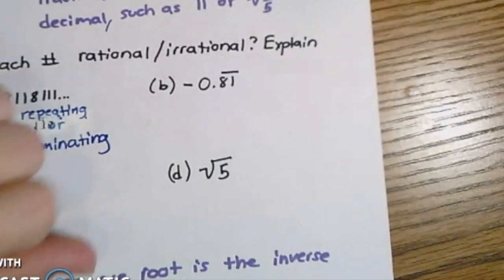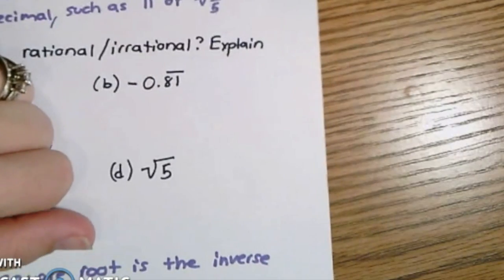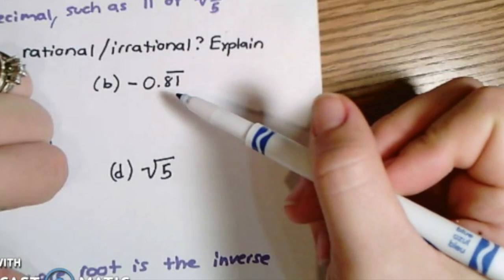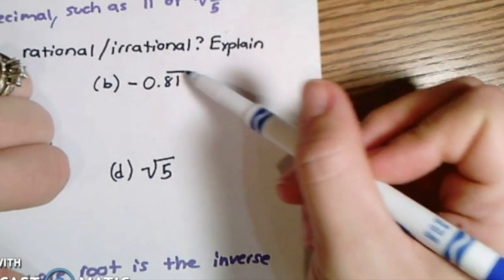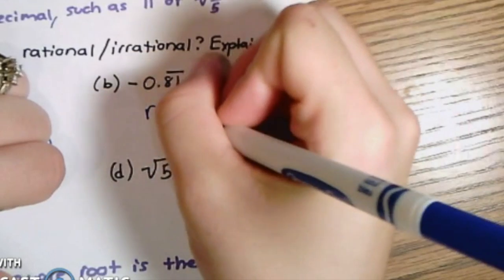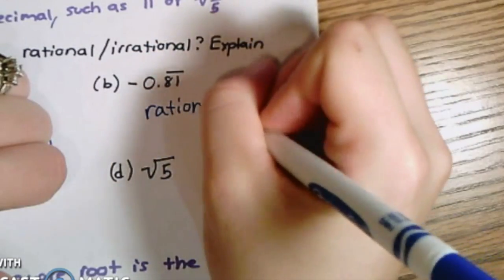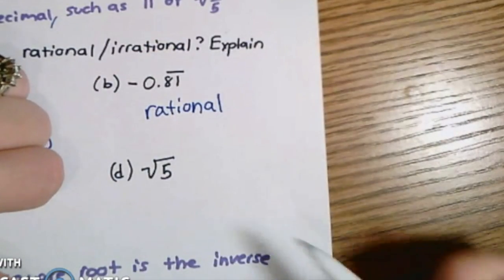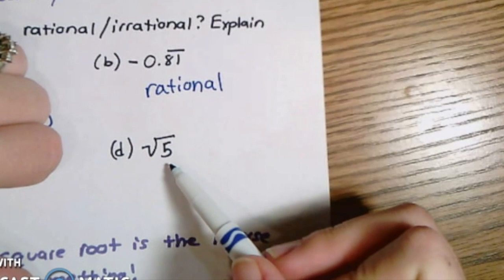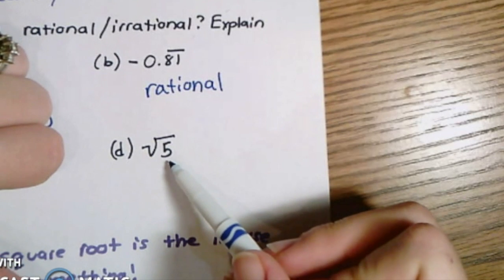All right, let's look at example B. So here we have negative 0.18 repeating. Well, because this decimal is repeating, I know that it is rational. All right, down here, the square root of 5. Well, it is a square root, and is it a perfect square?